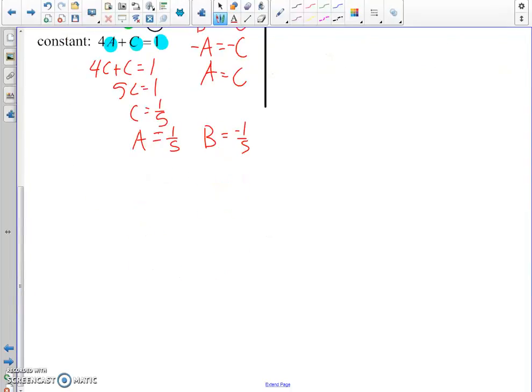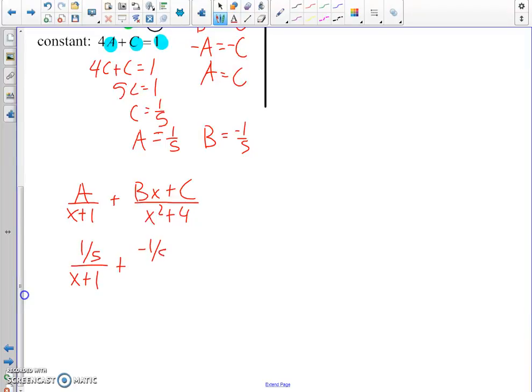As you recall, we started out setting this up as a over x plus 1 plus bx plus c over x squared plus 4. My a is 1/5. My b is negative 1/5. And my c is positive 1/5. I don't like that fraction in the numerators, so I'm going to rewrite that.